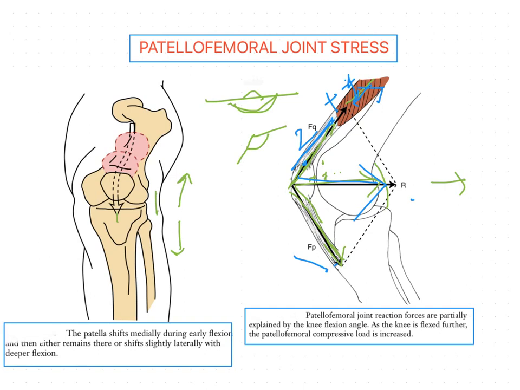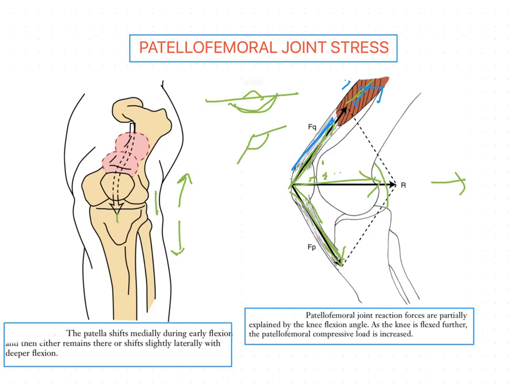The patellofemoral joint reaction forces can become very high during our routine daily activities, like during the stance phase of walking, when peak knee flexion is only approximately 20 degrees. Then the patellofemoral compressive force is approximately 25% to 50% of the body weight.